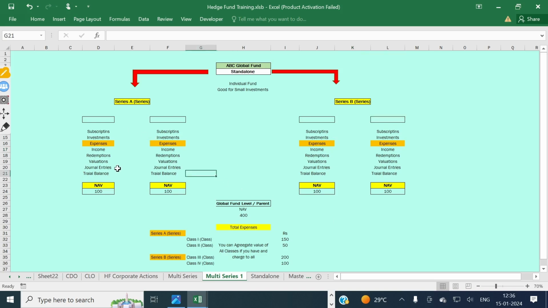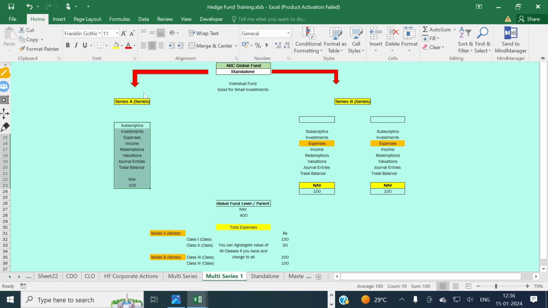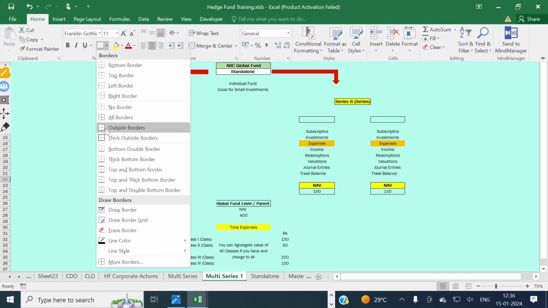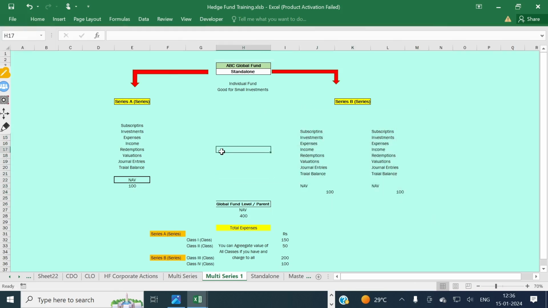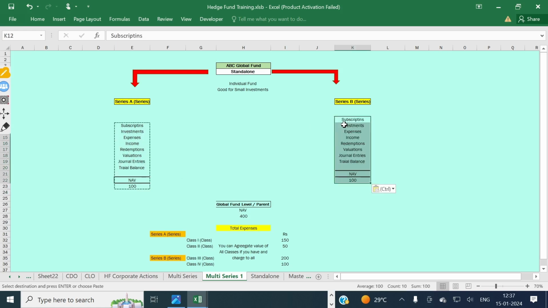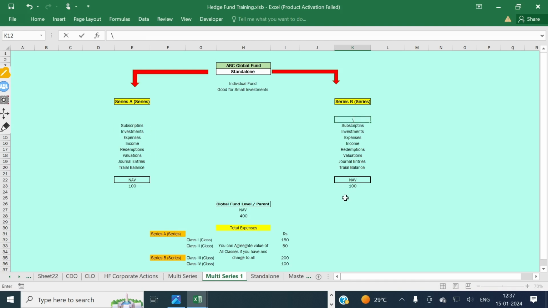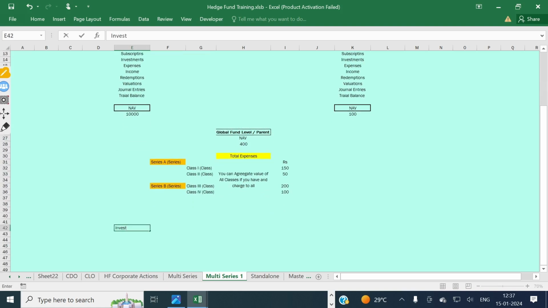In this series you have the investment and the total NAV, but actually you have invested in stocks.